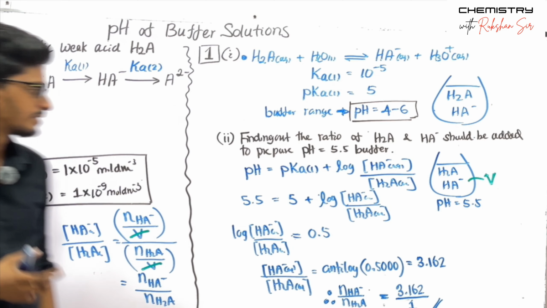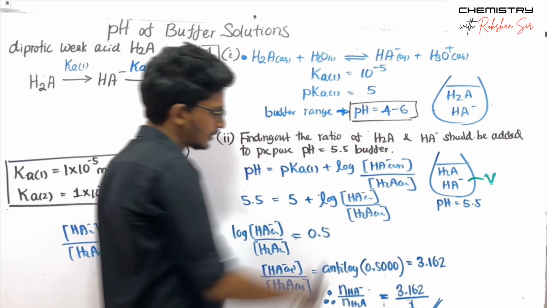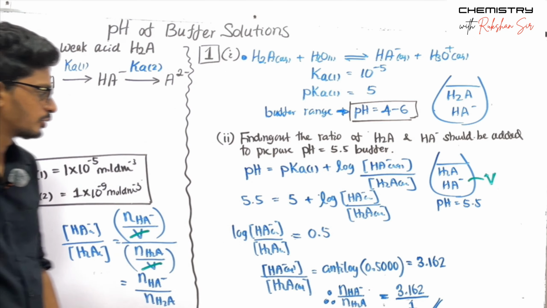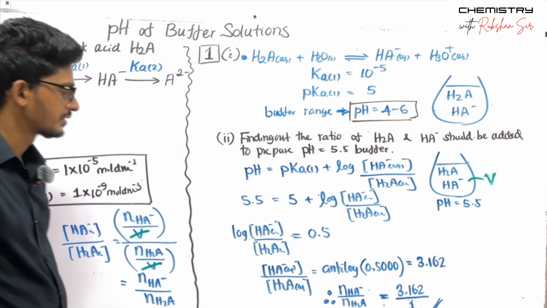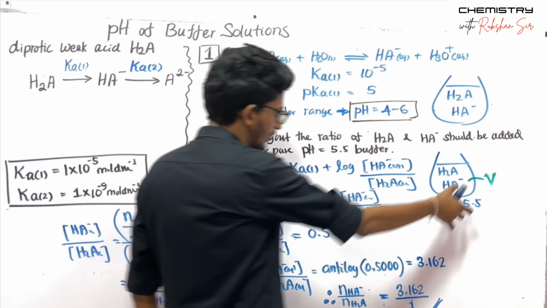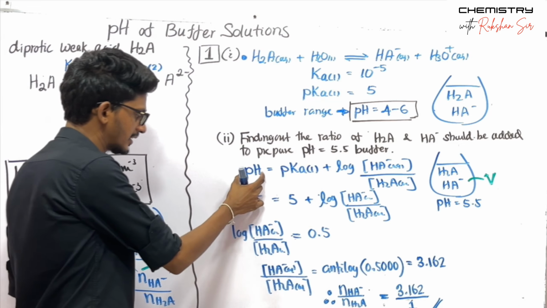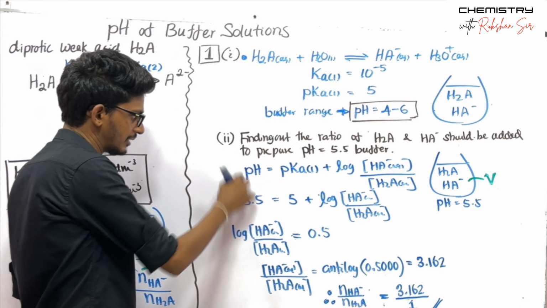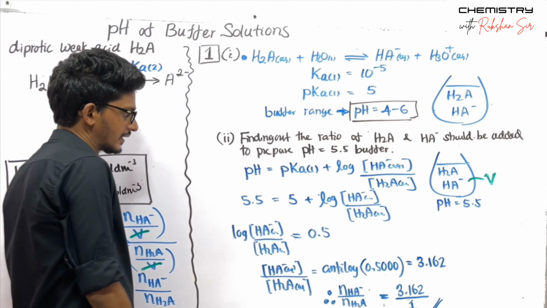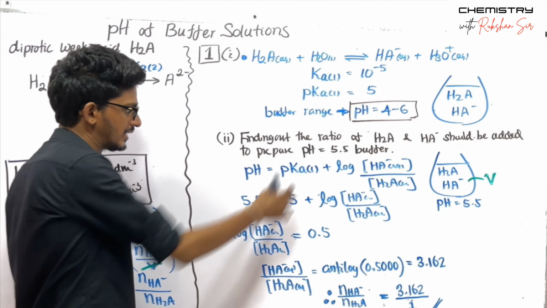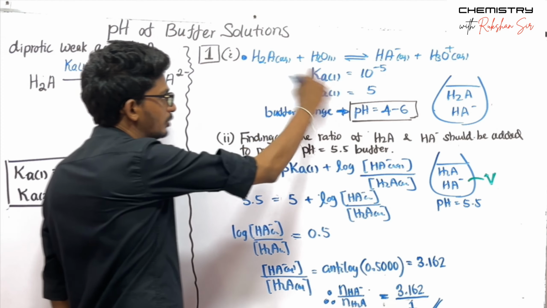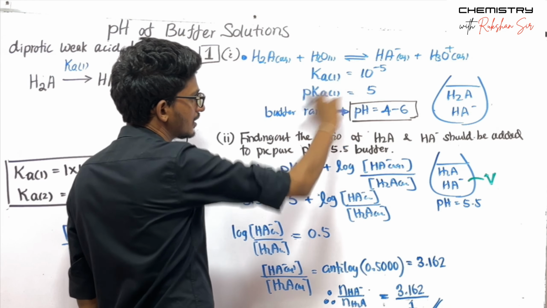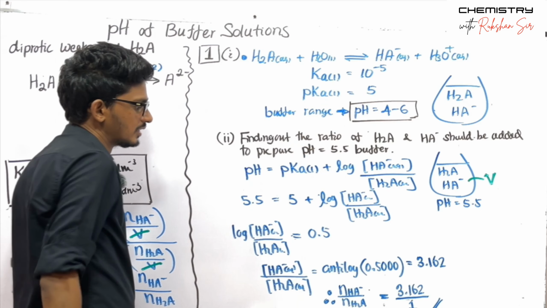See how Henderson's equation is used to solve problems related to buffer solutions. You had a buffer with pH 5.5, that is the pH of the buffer solution given by the Henderson equation. The pKa value is 5, we are using pKa1. So that's the concentration ratio.